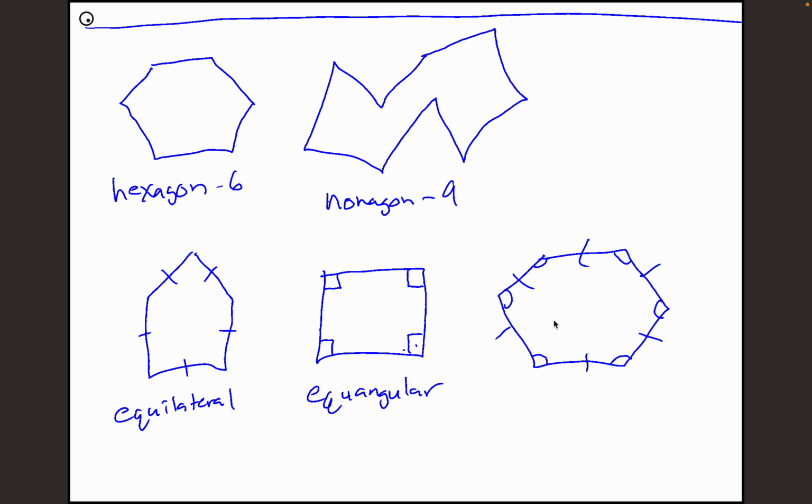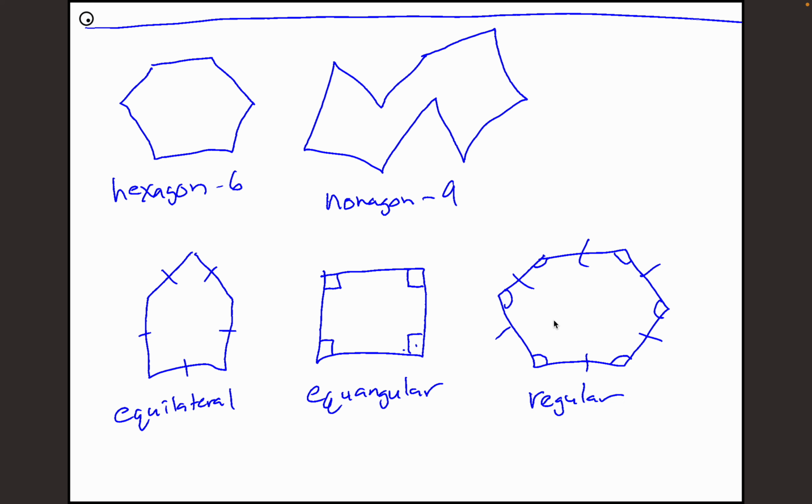What do we notice about this one? Oops. The angles and sides are what? Yeah, the sides are equal, or they're congruent, and the angles are congruent. If it's both, the angles and the sides, then it is a regular polygon.